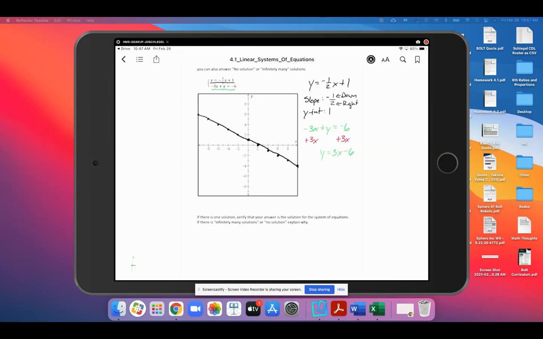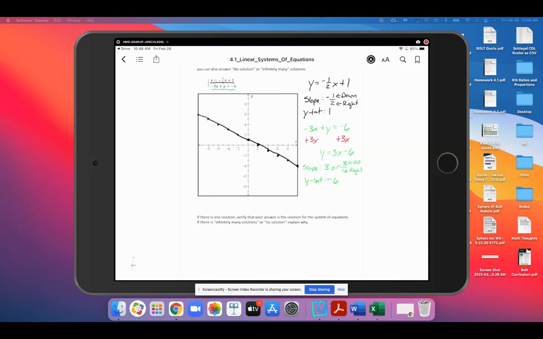For this one, we recognize that we have a slope of 3, or 3/1, which tells us to go up 3 and to the right 1. And we have a y-intercept of -6. Be careful to not lose the negative in front of that 6.